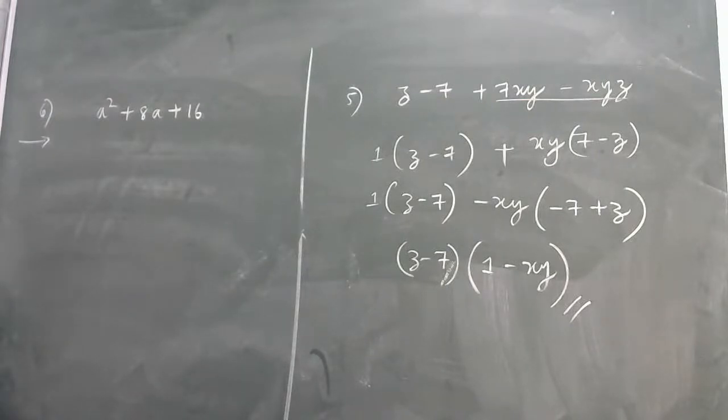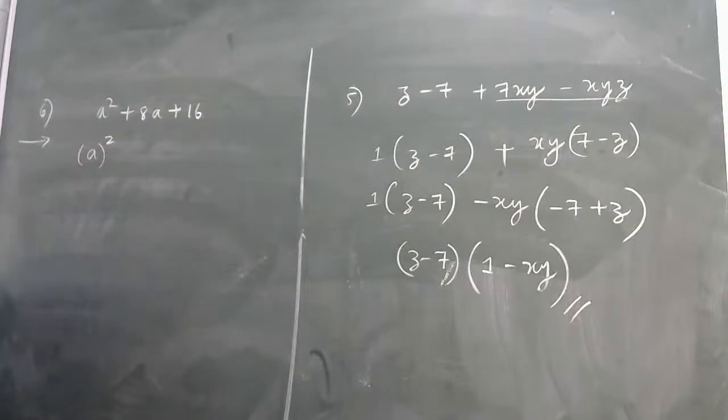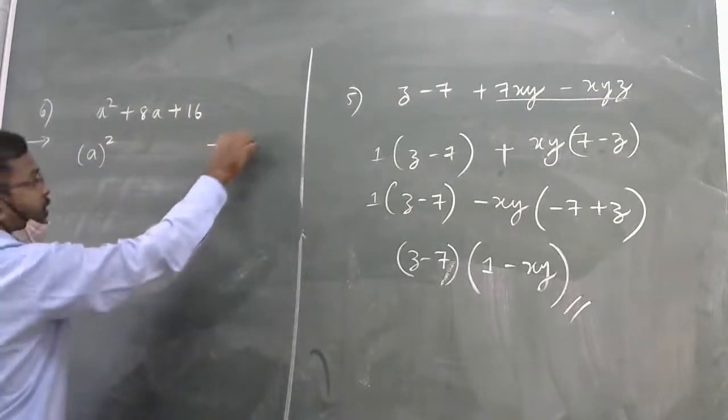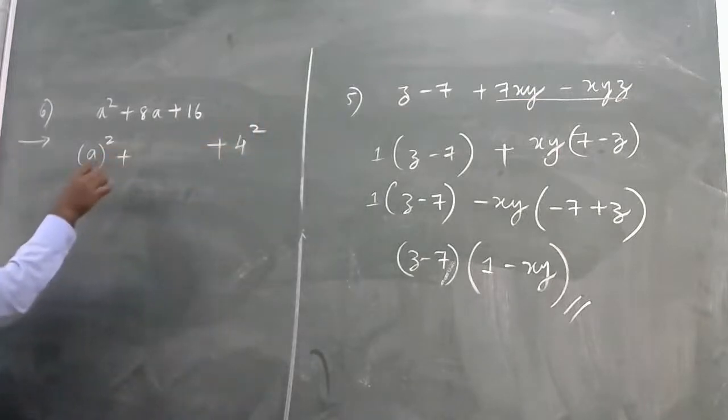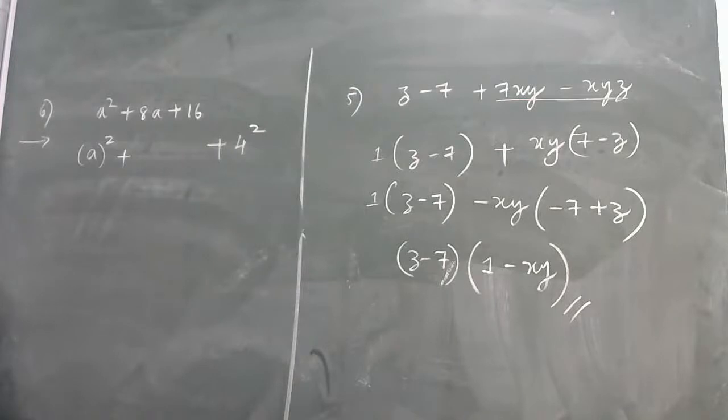Whenever you have three terms, first of all we need to check whether it is possible to write the first and last term as the square of a number. The first term, a square, we can write as the square of a. And the last term is 16, which can be written as 4 square. The middle term should be either of a plus b whole square or a minus b whole square.